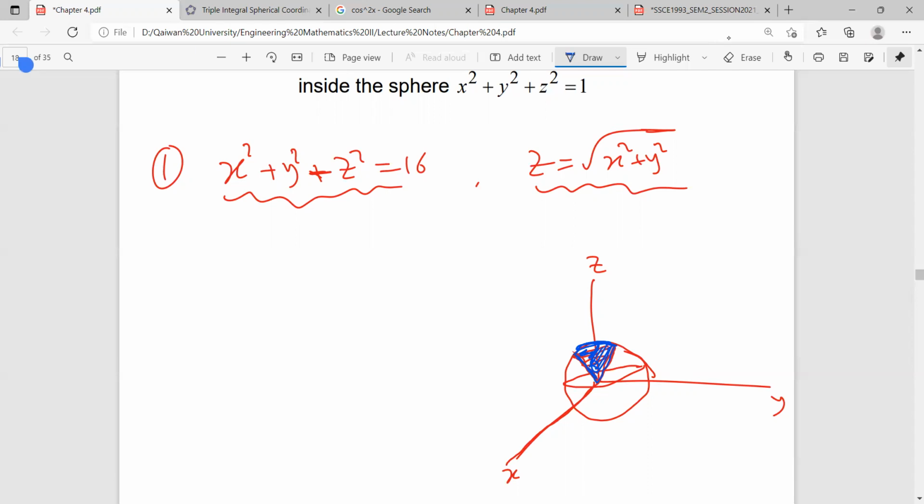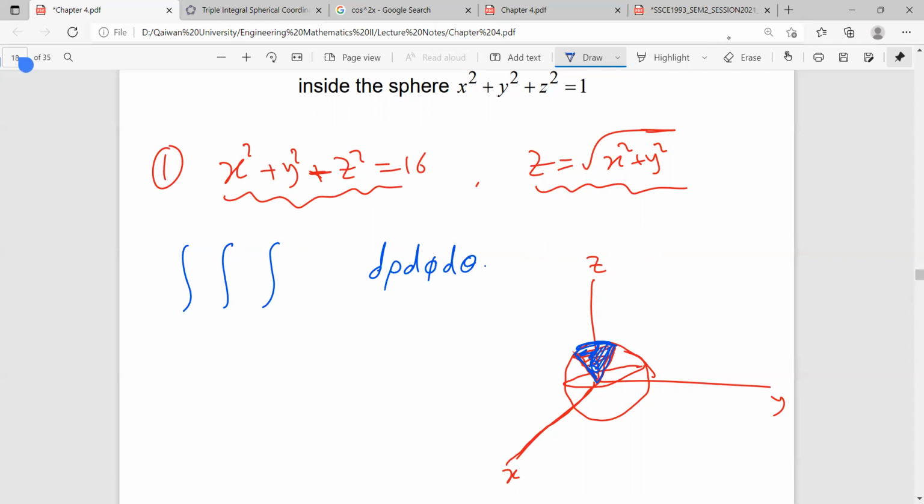To find it, we should find the limits for the integration. Here we have triple integrals for d rho, d phi, d theta. Let's see how to find the limits for rho, phi, and theta.